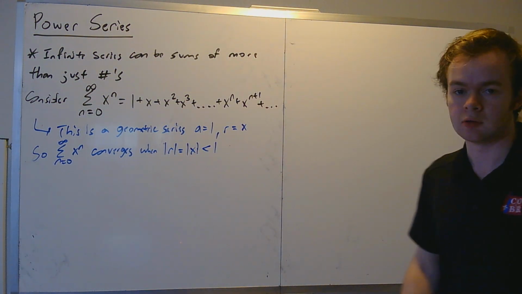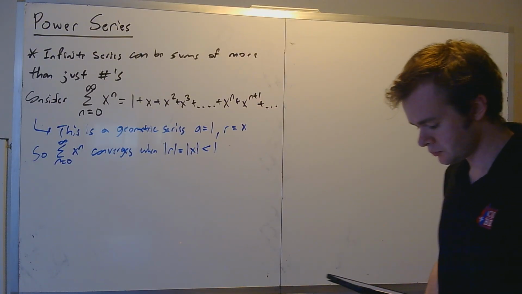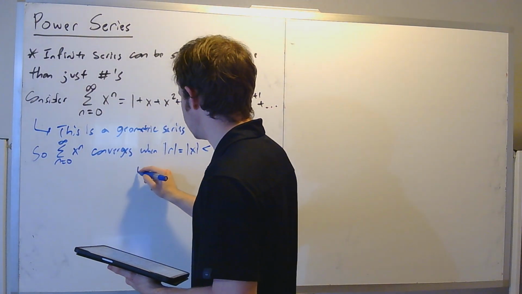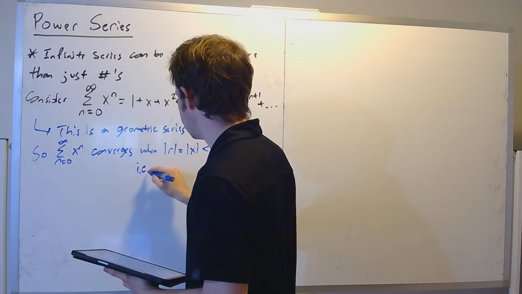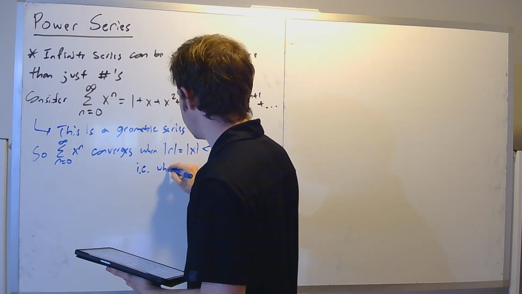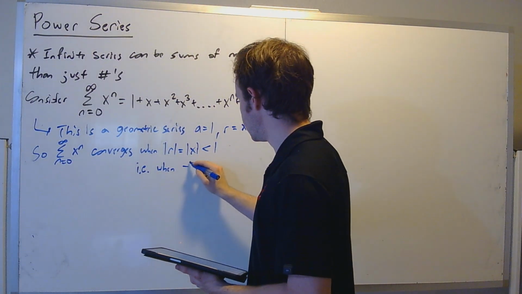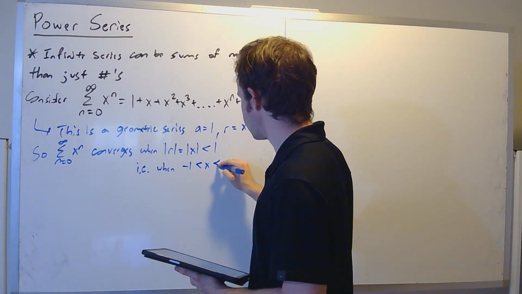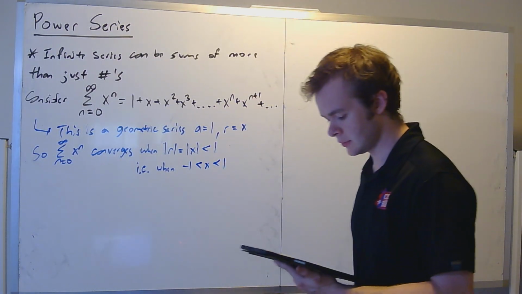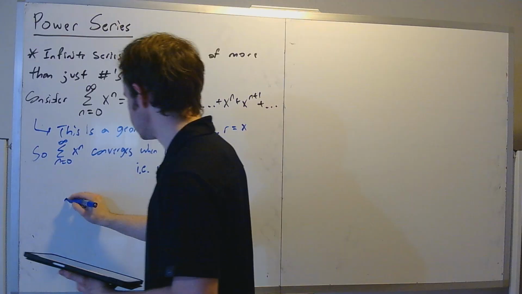Right, this is what we know about geometric series. I.e., if the absolute value of x is less than 1, that means negative 1 is less than x is less than 1.